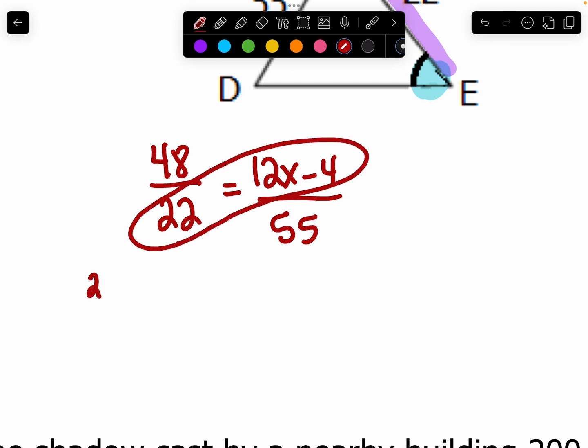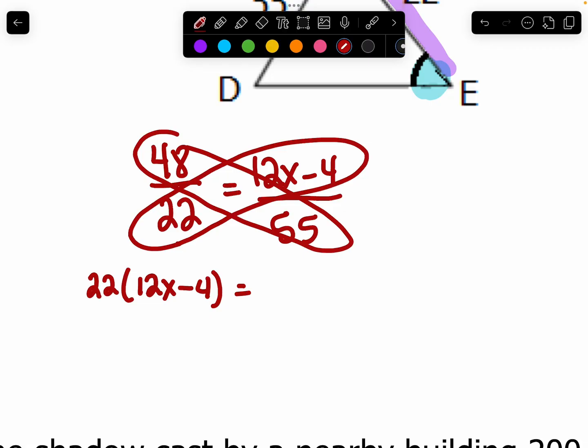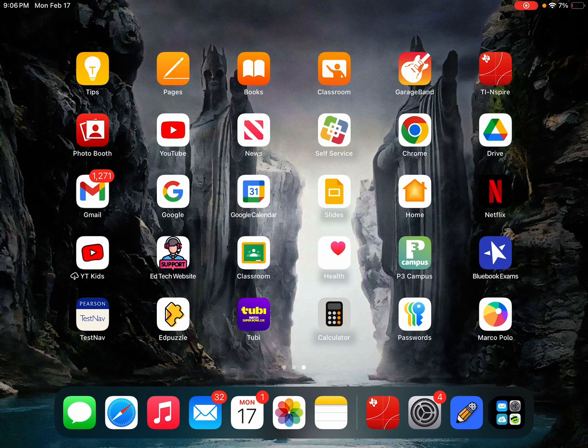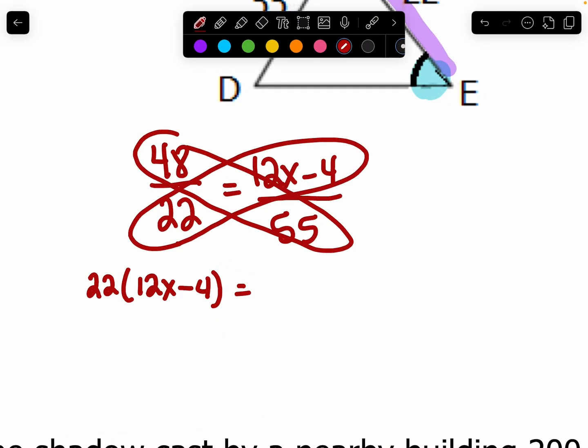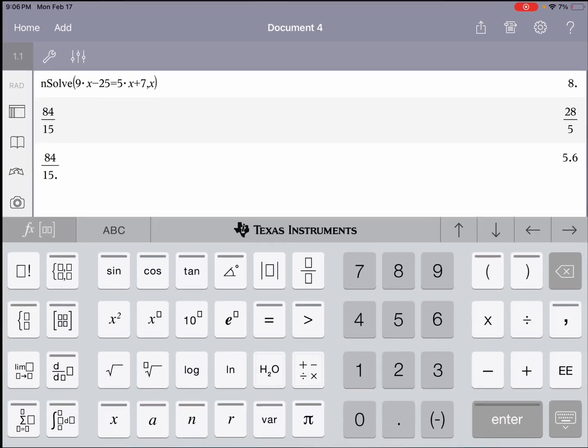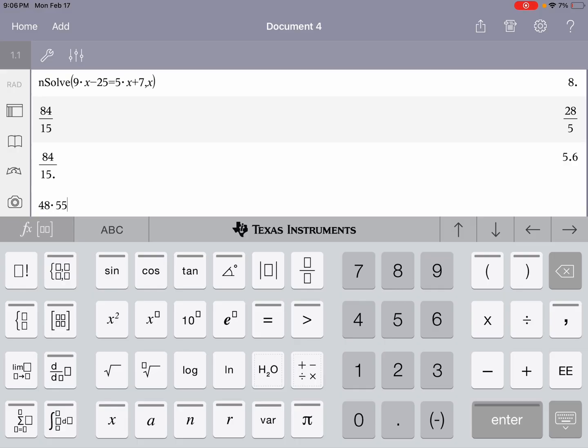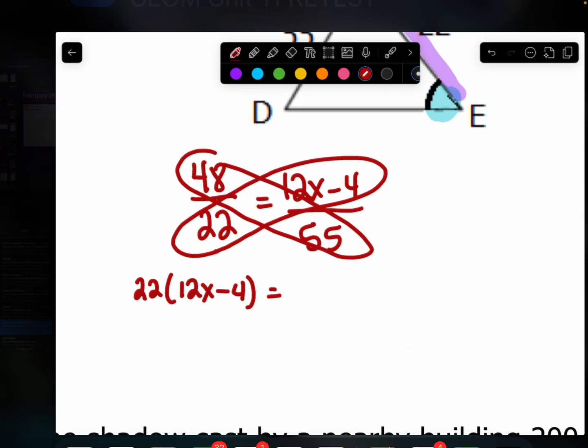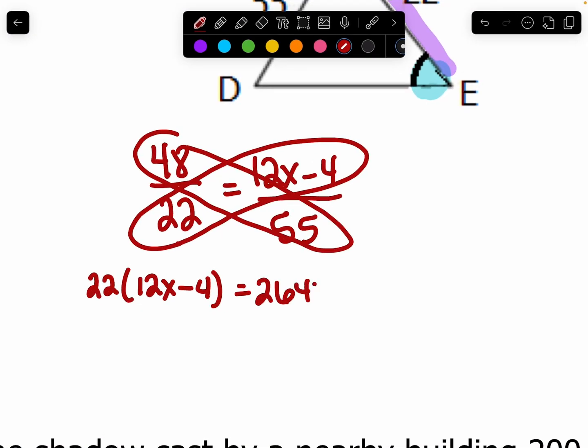So that'll be 22 times 12x minus 4. And then 48 times 55, which I don't know off the top of my head. All right, so at this point, you could technically do and solve.